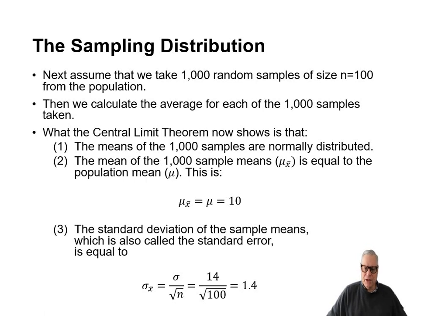And the standard deviation of the sample means, which is also known as the standard error, is equal to the population standard deviation over the square root of n. So that would be 14 over the square root of 100, or 1.4.